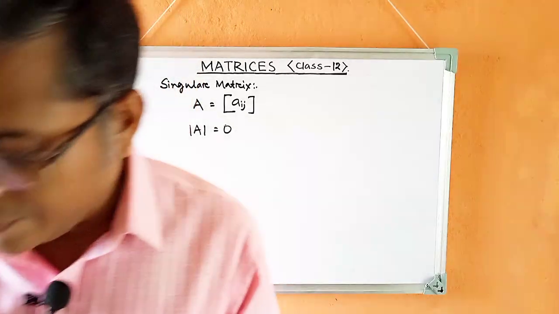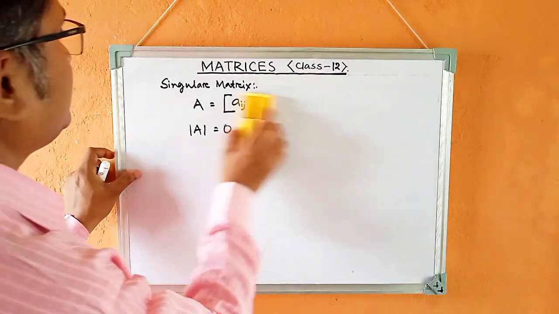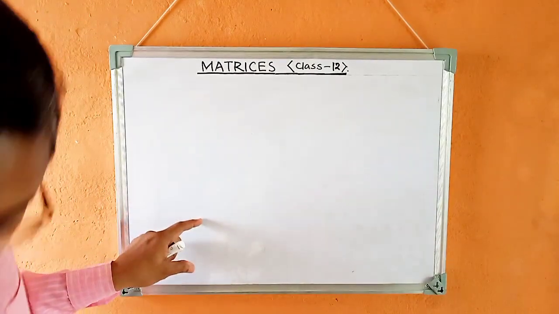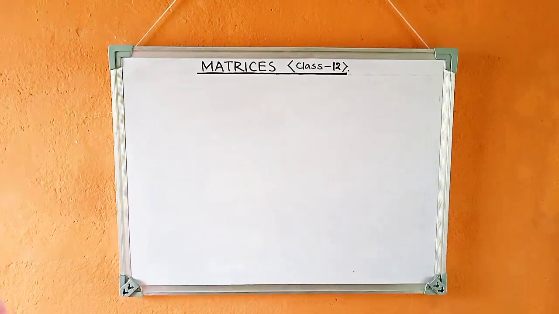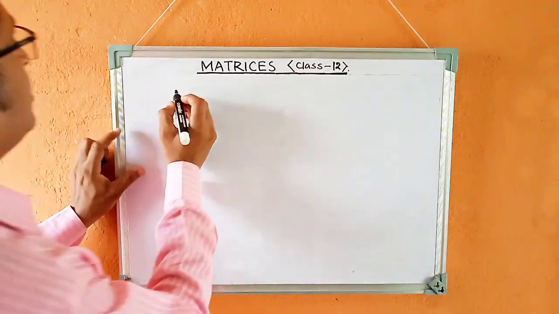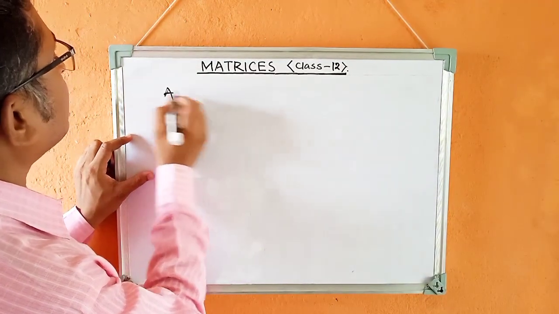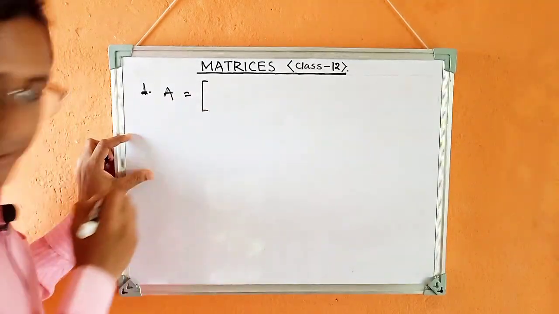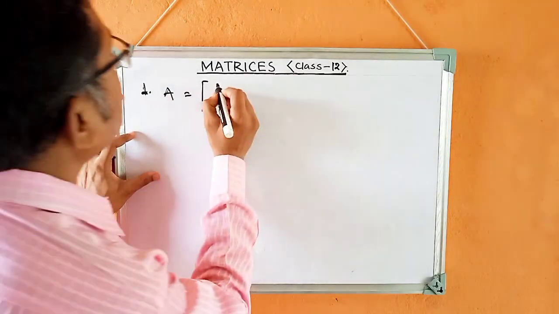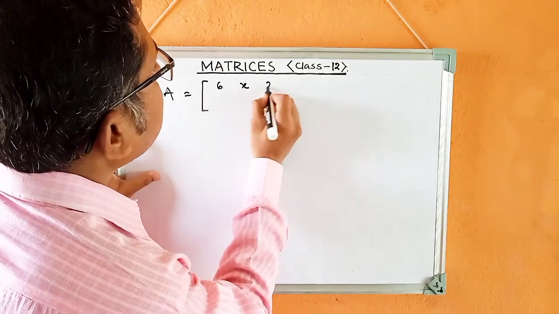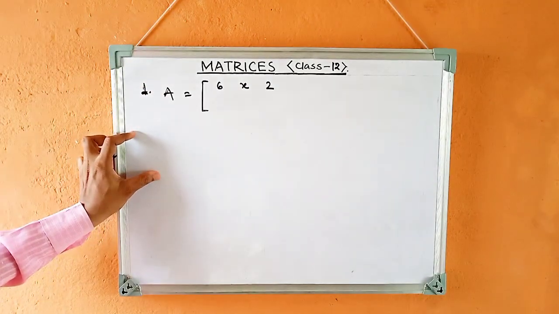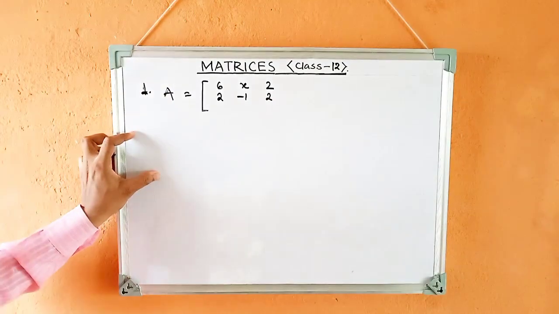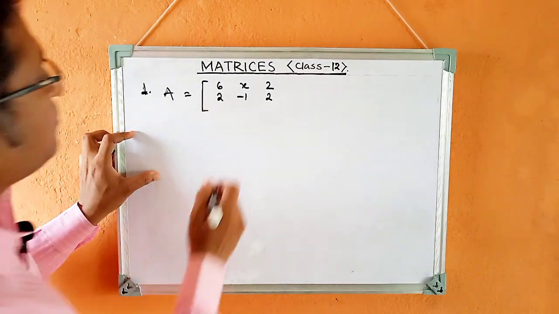Now let's give an example, see carefully. Example number 1. A matrix A is given: first row 6, x, 2; second row 2, minus 1, 2; third row minus 10, 5, 2.